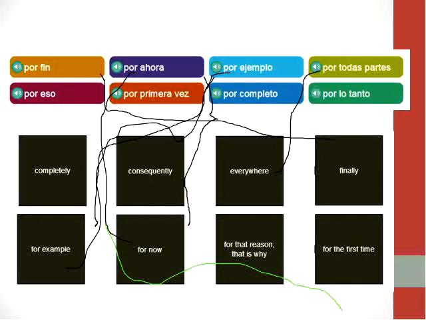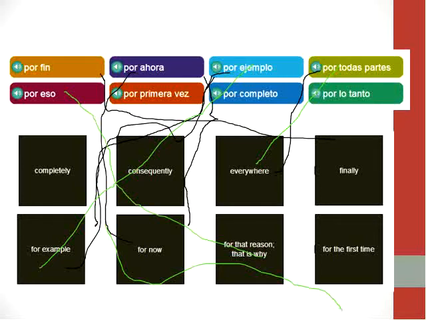Okay. Por ejemplo, for example. Here we go. Now it's working. Por todas partes, everywhere. Awesome. Por eso, that is why, for that reason, over here.